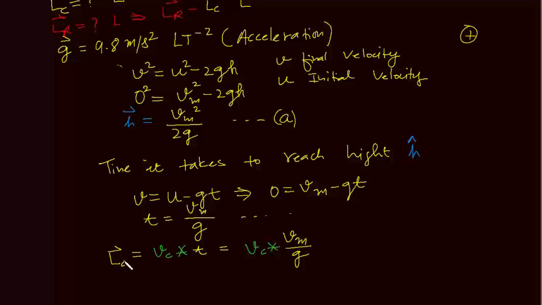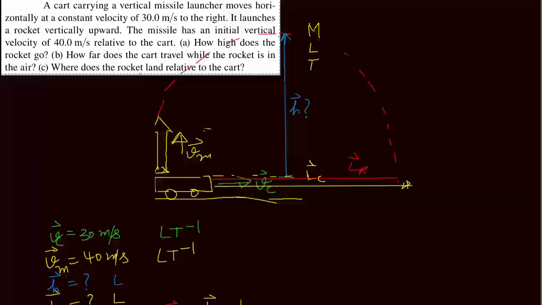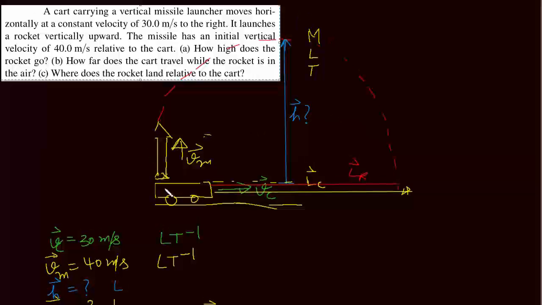Now LR, does the rocket have any horizontal component other than the cart?